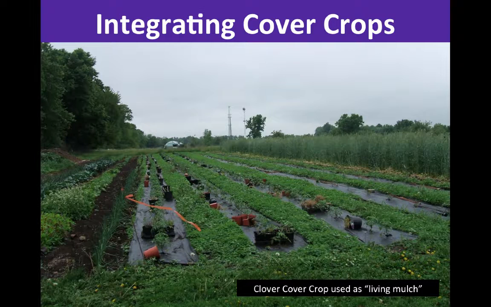So one of the nice things about using these living mulches is it's going to reduce the amount of compaction that's happening. It's going to help maintain good soil structure as you're working through there. And of course it's going to help keep your feet dry and not muddy, which can also be helpful. And oftentimes folks in U-pick operations really like this type of management practice in order to help keep their customers happy and less muddy.